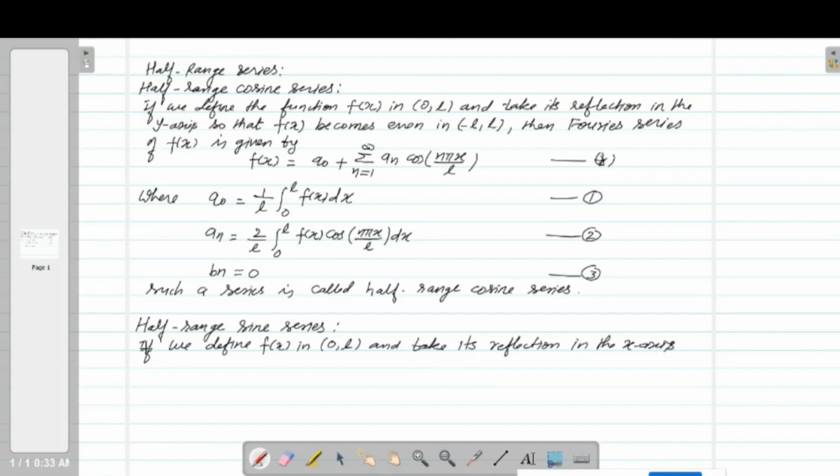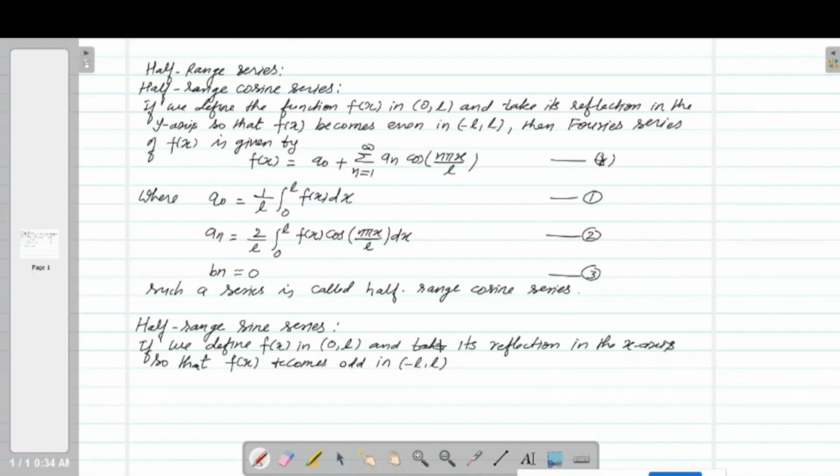So if we define the function f of x in the interval 0 to L and take its reflection in the x-axis, so that f of x becomes an odd function in the interval minus L to L.